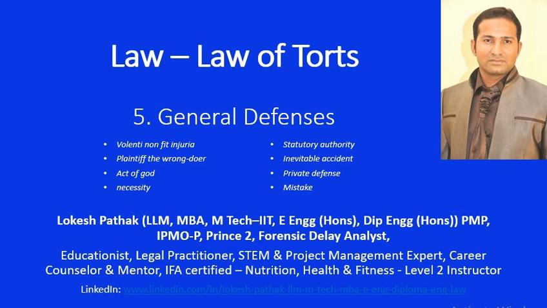Now the fourth point here is necessity. How is it interpreted? It says an act causing damage, if it is done out of necessity to prevent a greater evil or a greater occurrence, is not actionable even though it was done intentionally.